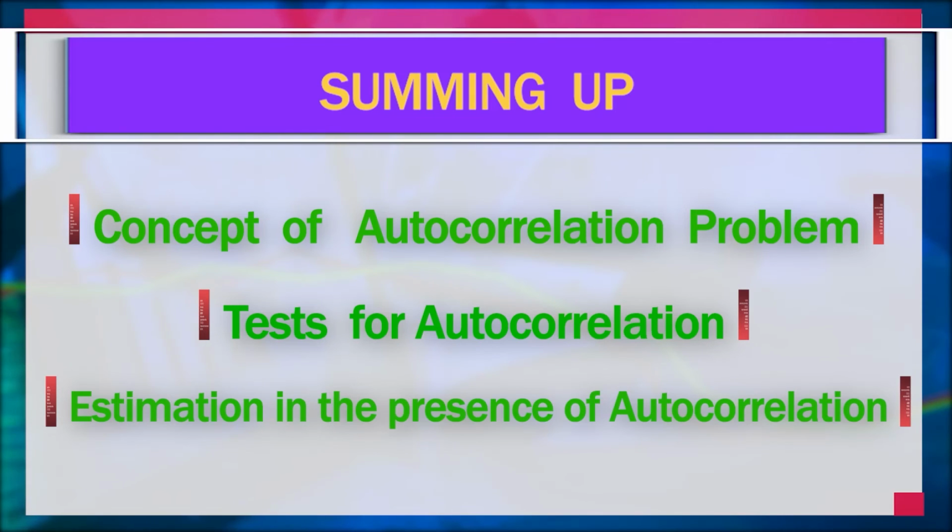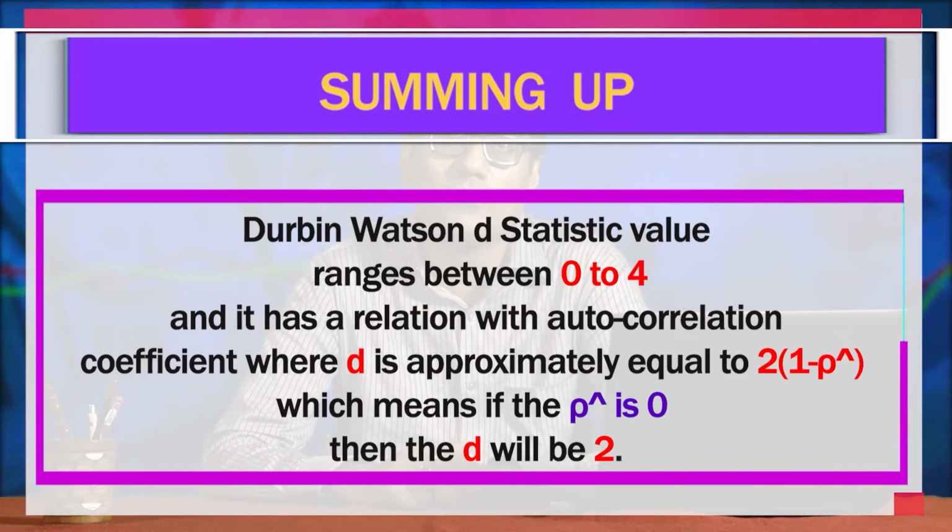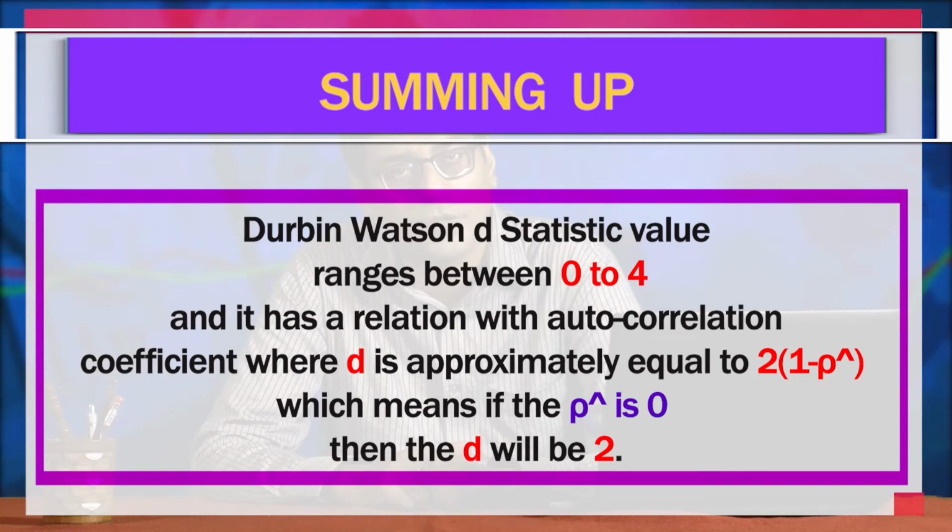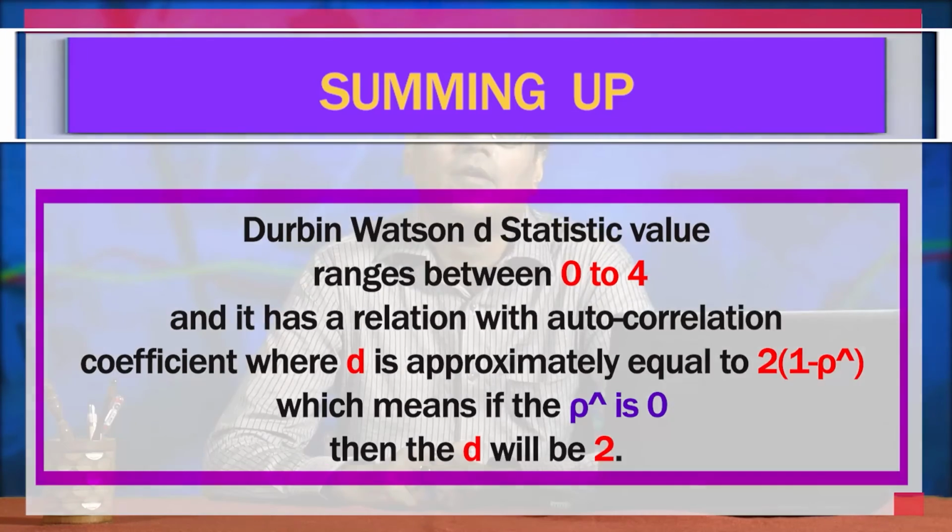And then we can go for detecting the problem with an inferential test, which calls for the Durbin-Watson d-statistic. The Durbin-Watson d-statistic value ranges between 0 and 4, and it has a relation with the autocorrelation coefficient, where d is approximately equal to 2 into 1 minus rho hat, which means if rho hat is 0, then d will be 2.